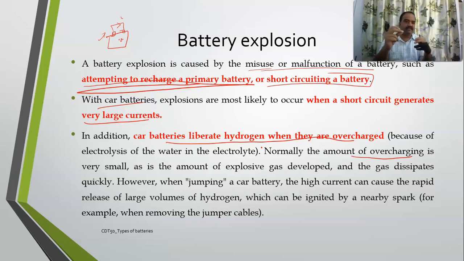So particularly when you are jumping your battery, a huge current flows, so a large amount of hydrogen will be developed there. If suddenly you remove the cable, a spark may come, and if the hydrogen is in large enough quantity, the spark may ignite an explosion.